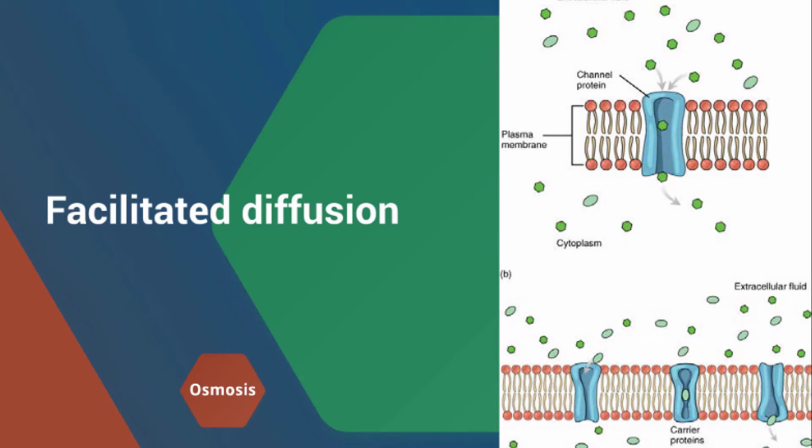As an example, even though sodium ions are highly concentrated outside of cells, these electrolytes are charged and cannot pass through the non-polar lipid bilayer of the membrane.